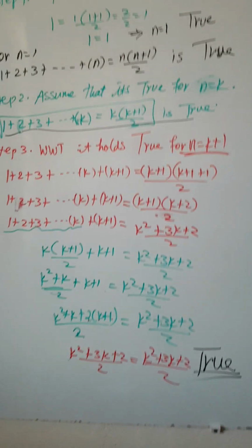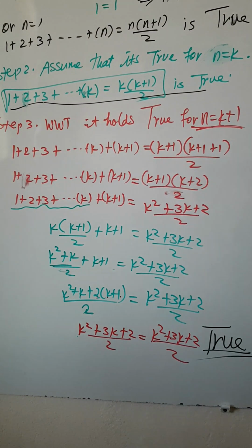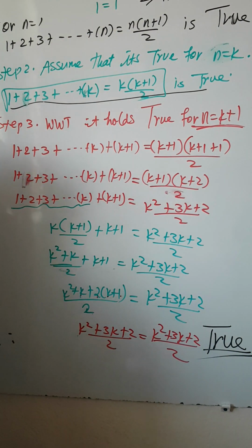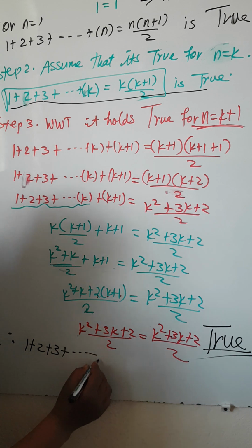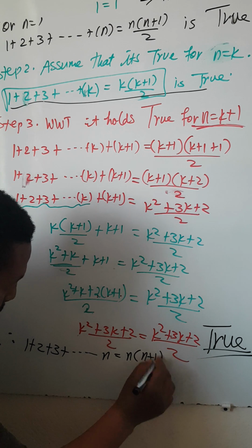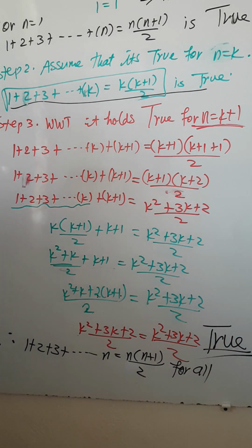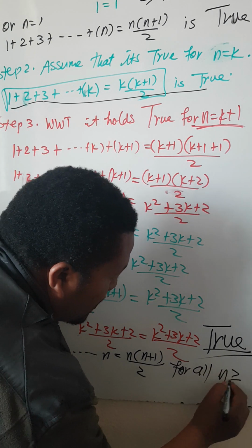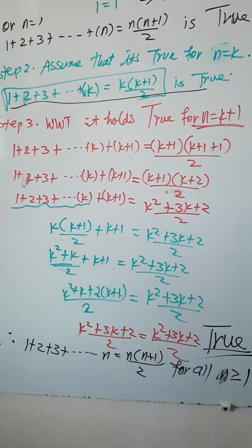Therefore, what is our final conclusion? Therefore, 1 plus 2 plus 3 plus up to n is equal to n into n plus 1 over 2 for all n greater than or equal to 1.